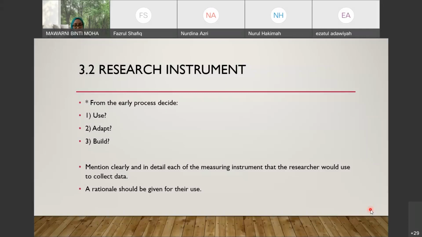You measure the research questions. That is why it is measurable, how it can be measured. Your research questions are questions that you need answers to in your research, and the instrument is a tool to use to answer your questions. So mention clearly and in detail each of the measuring instruments that the researcher would use to collect data. And please make sure that a rationale is given for their use.